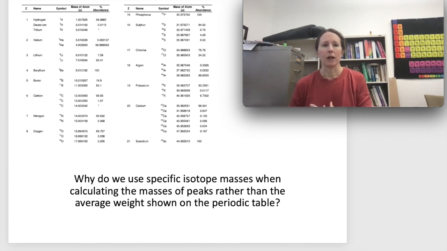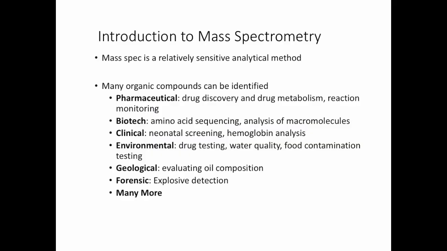I want you to think about how the instrument works, and you can put your ideas, your thoughts in the chat. Mass spec is a relatively sensitive analytical method, and it's used in a variety of contexts. It's used in drug discovery, it's used in biotech to do analysis of macromolecules, it's used in the clinical setting, it's used in the environmental setting to do drug testing, to evaluate water quality.